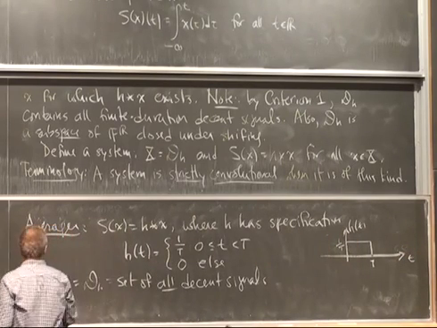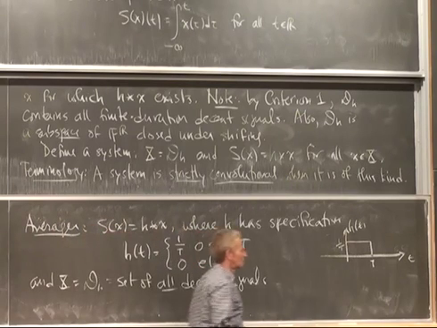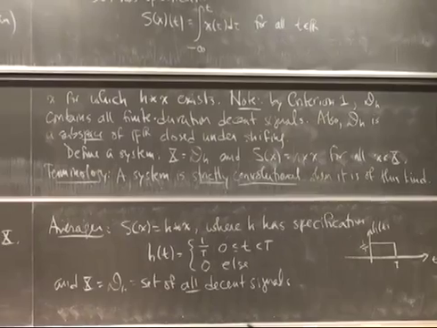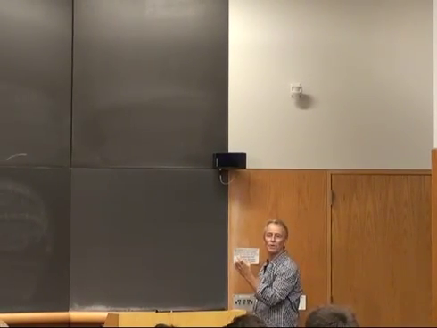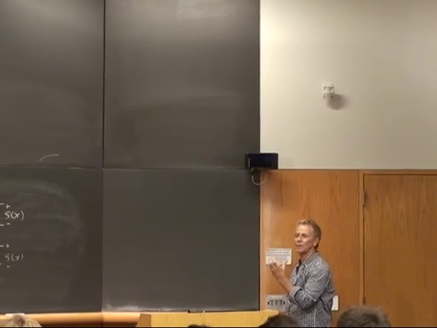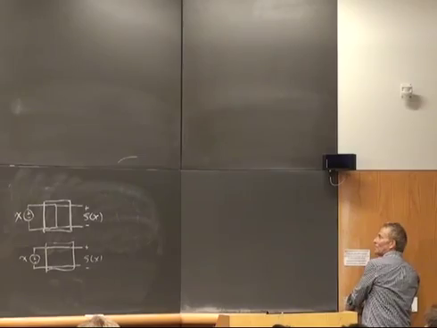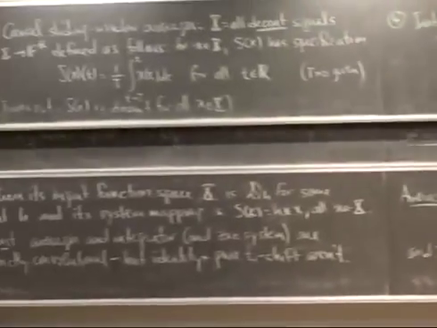Okay. Now this H looks an awful lot like a continuous time version of the H we had for the sliding window n-fold averager in discrete time. What do you think the H that goes with the integrator is going to be?